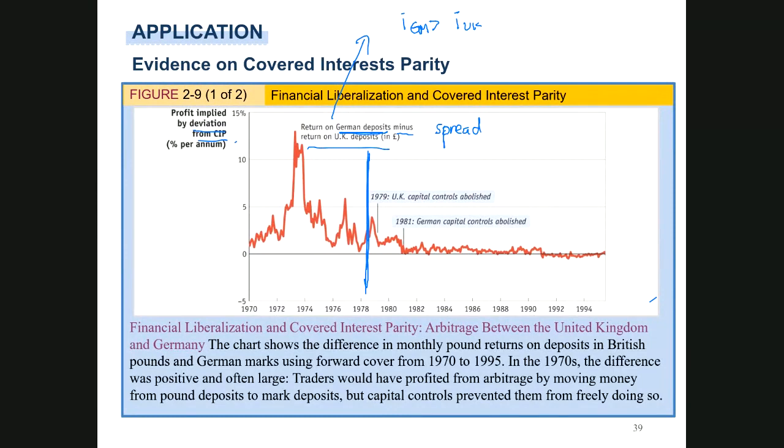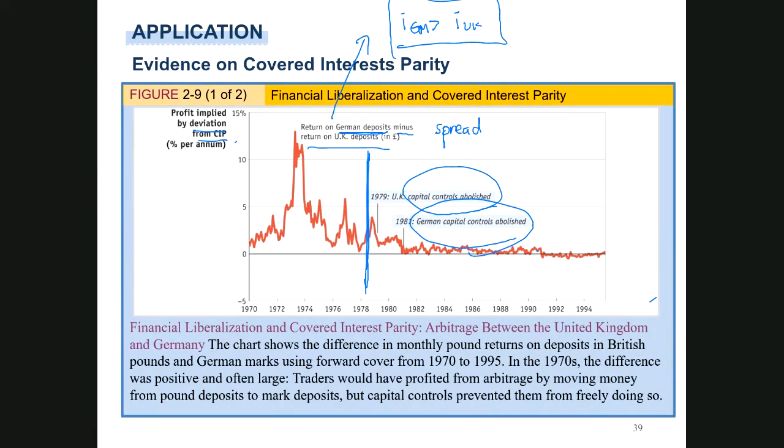But after they got rid of the capital control, people could move their savings across the borders. The spread between those two interest rates decreased, so they converged with each other, because the market got integrated. People are smart. If they see an arbitrage opportunity, they will go.